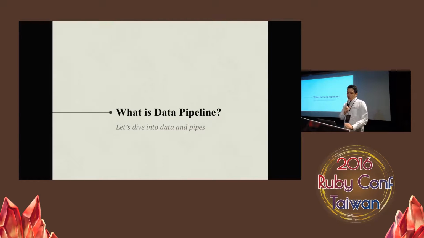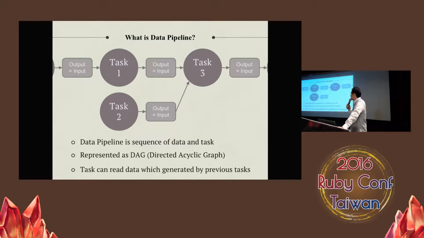Okay, so I'll explain what a data pipeline is in this session. Here is a data pipeline. A data pipeline is a sequence of data and tasks. Rectangle is data and circle is a task. A data pipeline is represented as a directed acyclic graph, and the important point is that there are no cyclic dependencies.